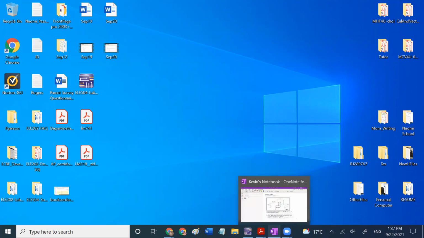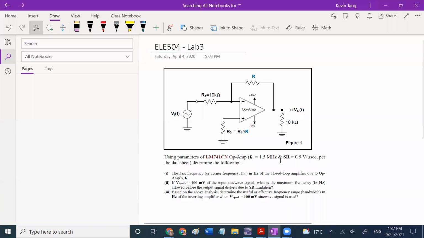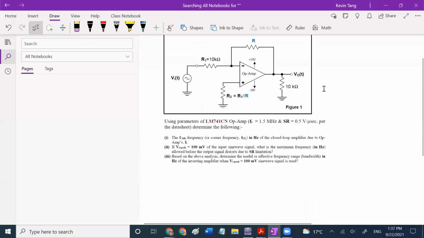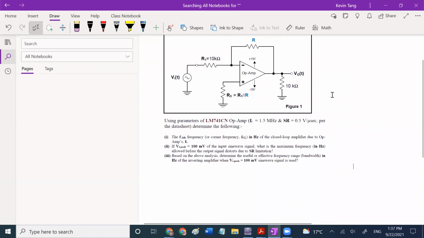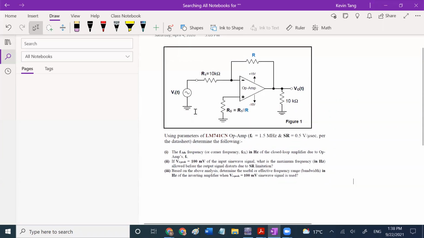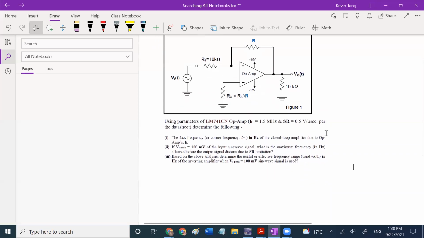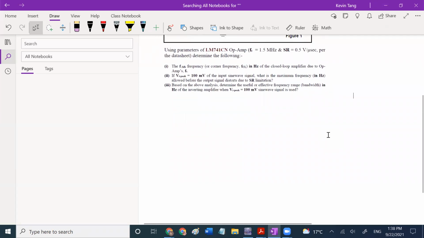For lab number 3, I just want to briefly go over it. I know you definitely understand it, but I just want to go quickly. For lab 3, we have this LM741CN to start.